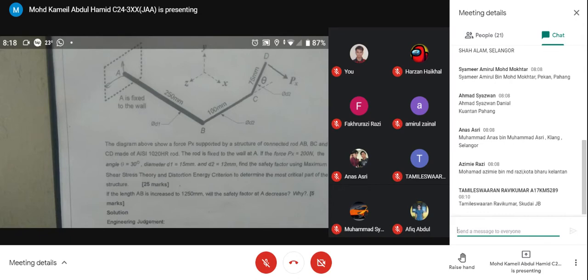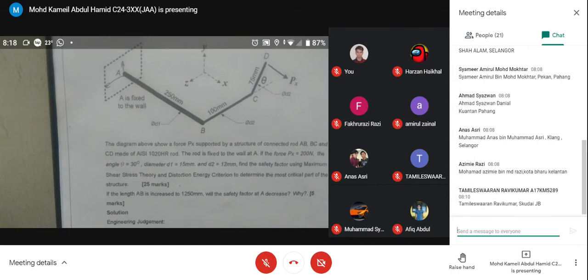Because the position of A will result in the largest bending load. Sebab dia punya distance jauh sekali. If the whole rod has the same diameter, but now it's a different diameter. AB is 15 mm, D2 is 12 mm, so kena check.